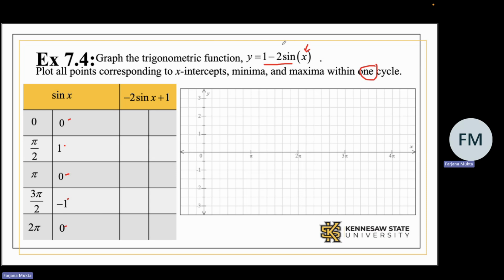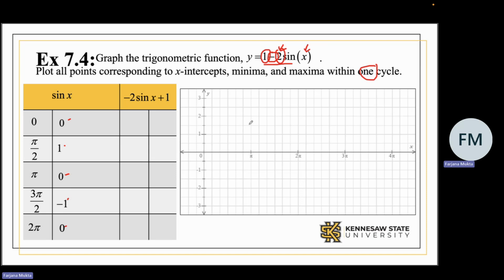But from the outside of the function, as we can see, we are multiplying the sine x by -2, and also we are adding 1. So we do have a vertical shrink or stretch. The negative corresponds to the reflection, and adding 1 corresponds to vertical shift.